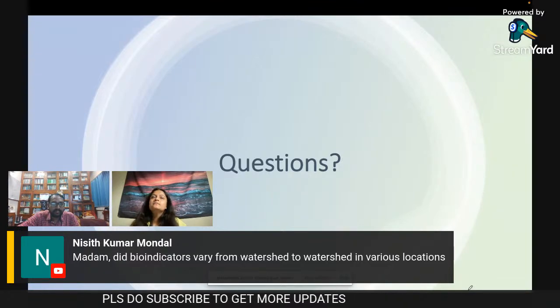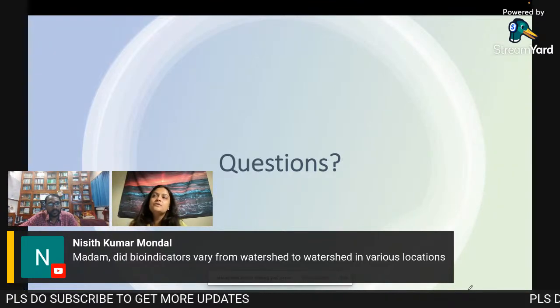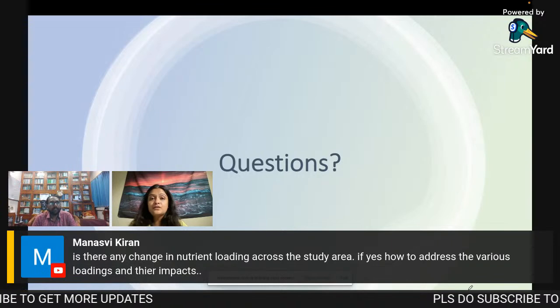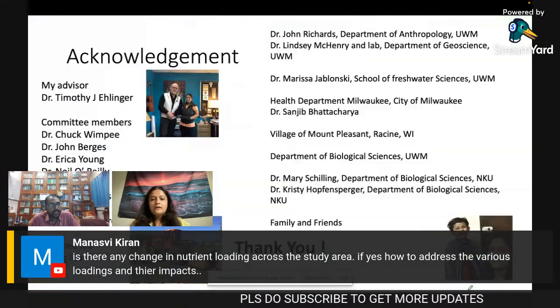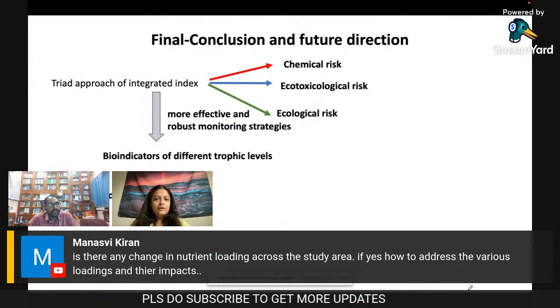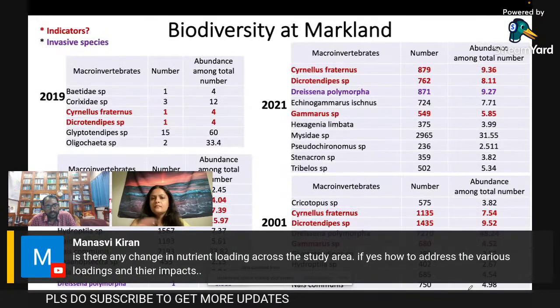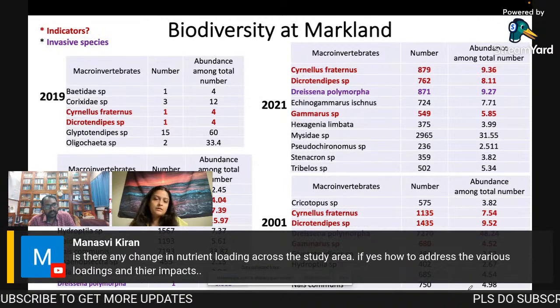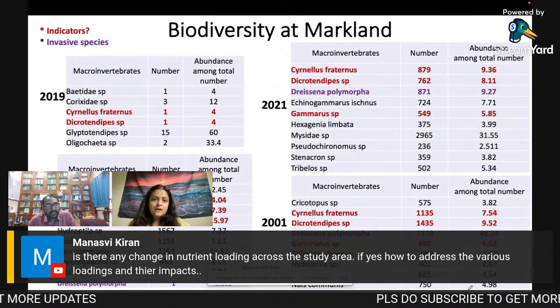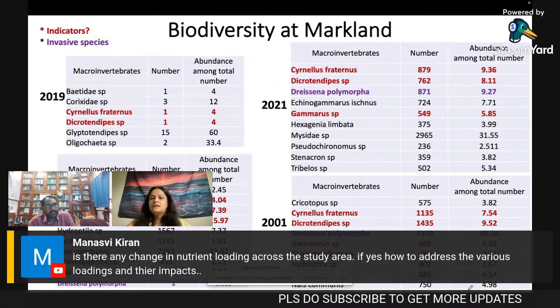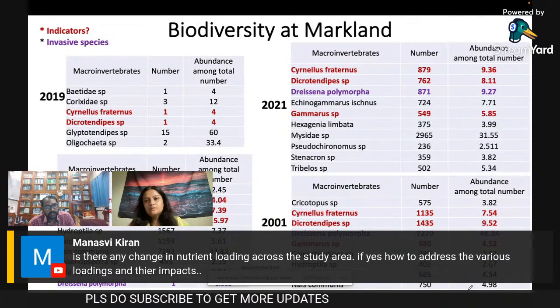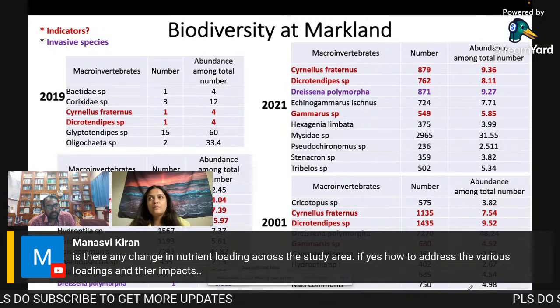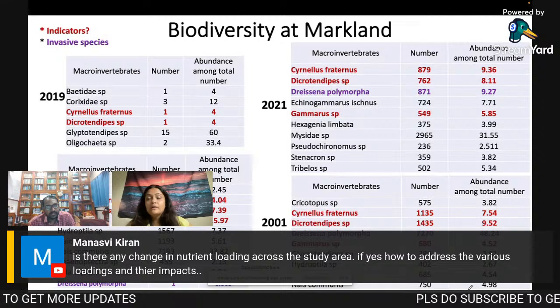Yes, definitely, because if I am using bioindicators from the ecosystem itself, then it will vary. For example, in the Ohio River, we are expecting that macroinvertebrates could be the bioindicator. But if I go and study this in India, macroinvertebrates could be an indicator, but it will be some different species, just because it's a different type of ecosystem or different climate.